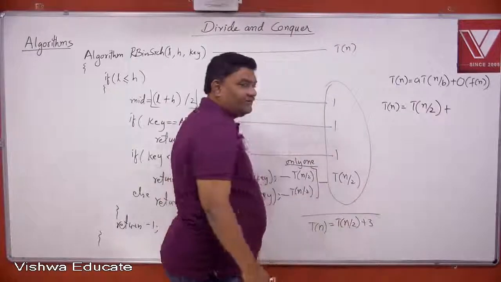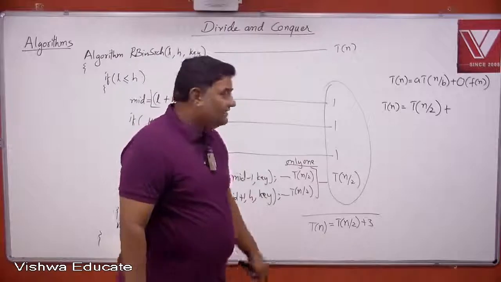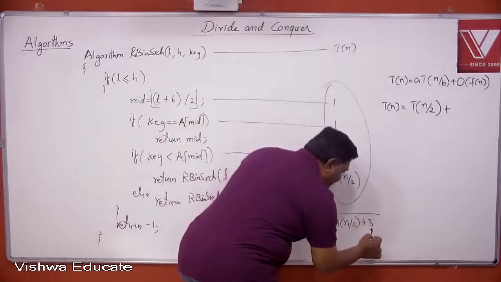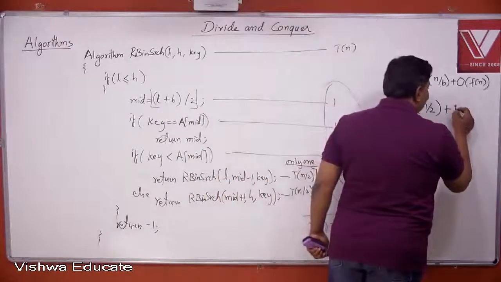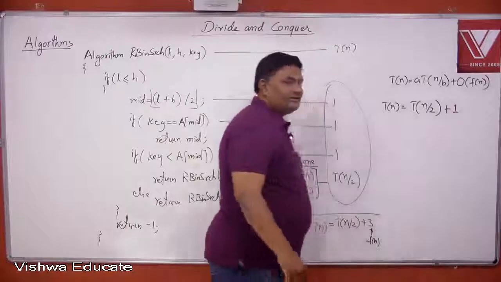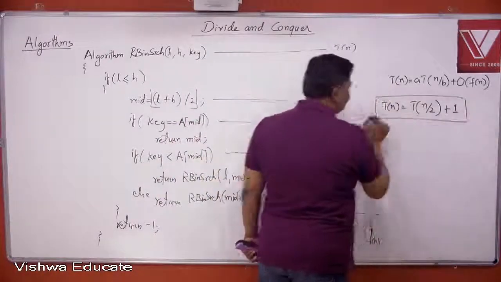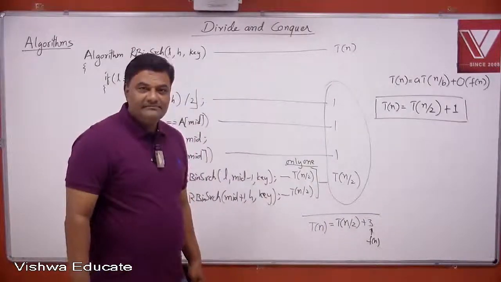This is f(n). Then big O means it's constant, 1. We write 1. So this is the recurrence relation of binary search.